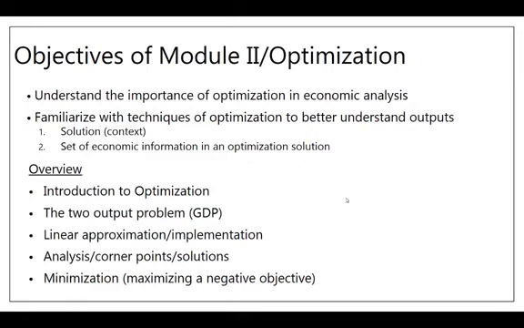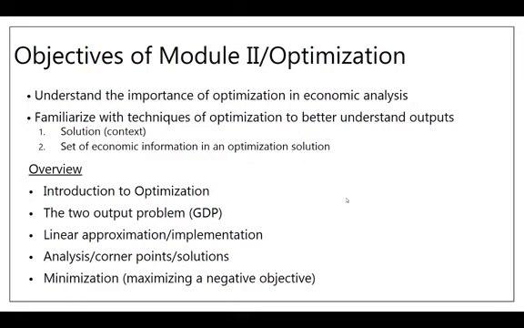And then we need to know about the economic content in an optimization solution. We are abstracting from all the complexity that might influence a decision, and so we have to be prepared to think about not just our solution, but any kind of sensitivity, and that's where we'll be working our way up to.